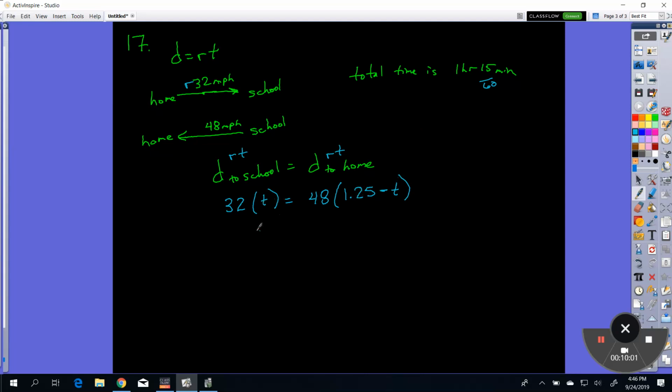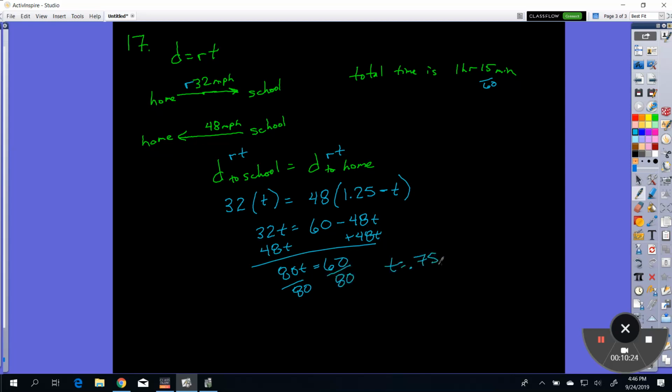So now I have the equation. It's just 32t equals 48 times (1.25 minus t), which is 60 minus 48t. So I add 48t over to here. So 60 equals 80t. Divide by 80, and t equals 0.75 of an hour.